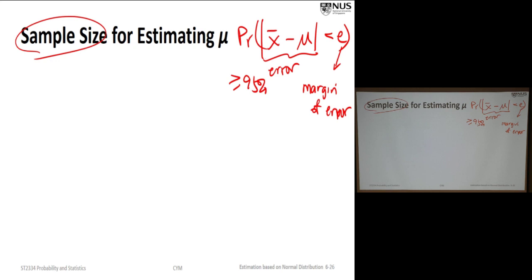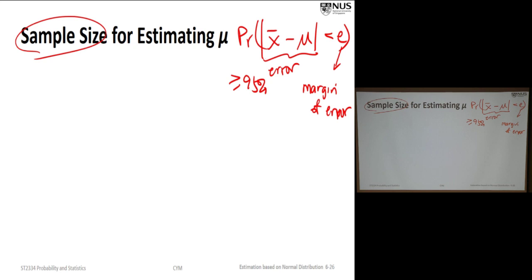In other words, I want a sample such that you calculate the x bar to estimate mu so that the error, the absolute difference between x bar and mu, will be less than some quantity that I specified with a very high chance, 95% chance.